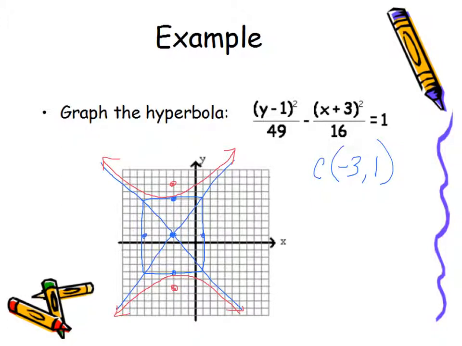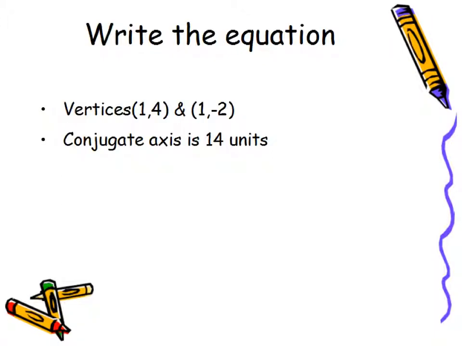All right, let's try one more where we're going the other direction. What if I just give you all the information? Could you come up with the equation? Just like with the ellipse and the parabola, I like to sketch out what I'm looking at here. So let's see what they've got for me. The vertices are at 1, 4, somewhere like right there, and then at 1, -2, somewhere like that.